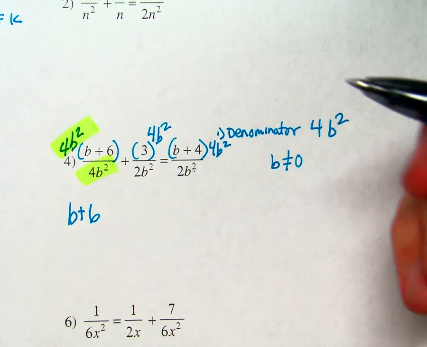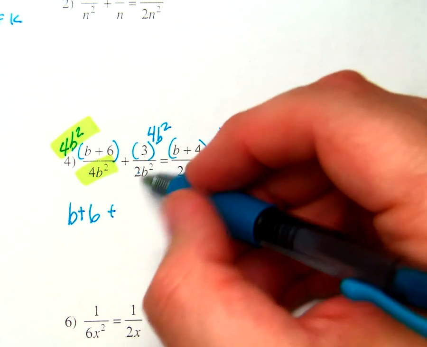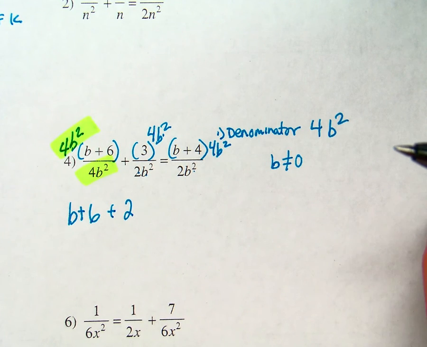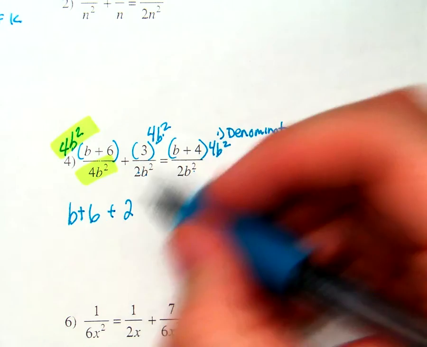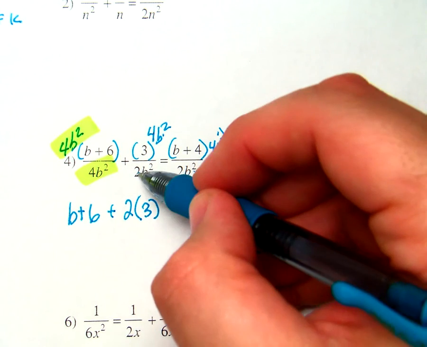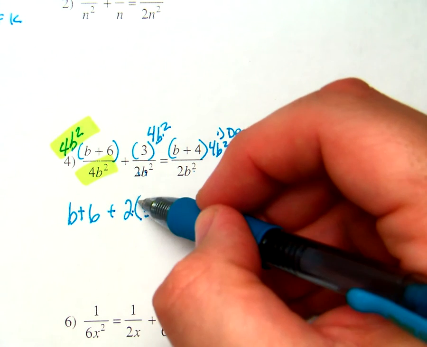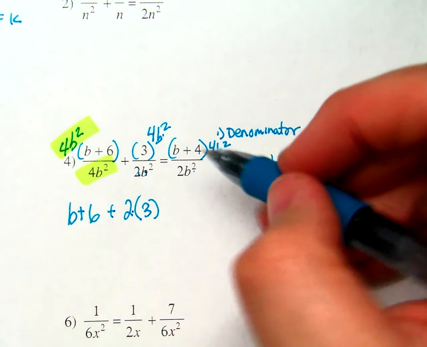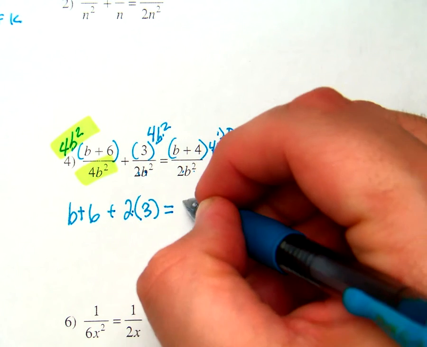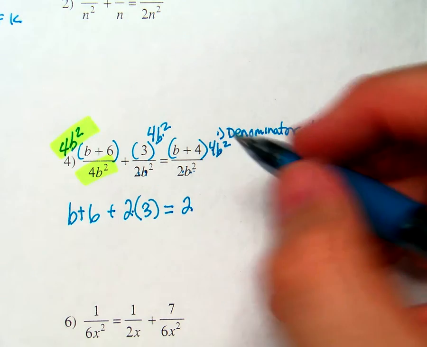Now I have 4 divided by 2, so that's going to be 2. b squared divided by b squared is 1, and there's a 3 left over, so I'm going to multiply that. And that's going to be equal to 2. b squared divided by b squared is 1. And that's going to be multiplying by b plus 4.